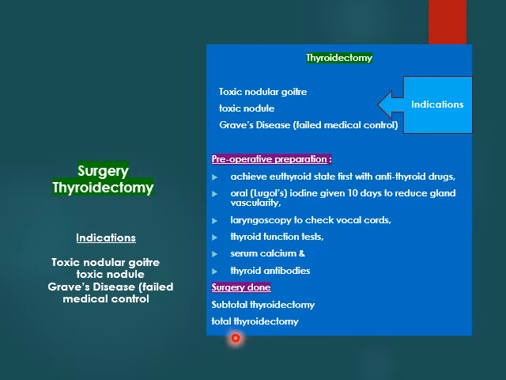Total thyroidectomy, which I mentioned before, the whole gland is removed, and this has to be followed up with post-operative thyroid replacement therapy. Okay, so in summary, the indications for surgery will be toxic nodular goiter, toxic nodule, Graves' disease that has failed medical treatment.